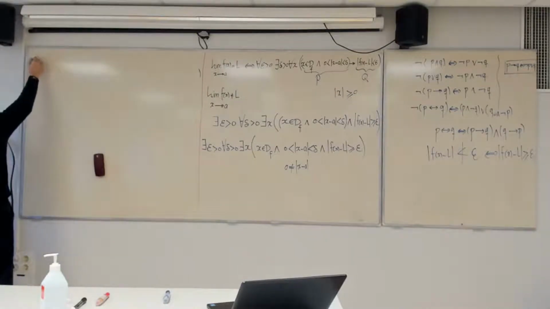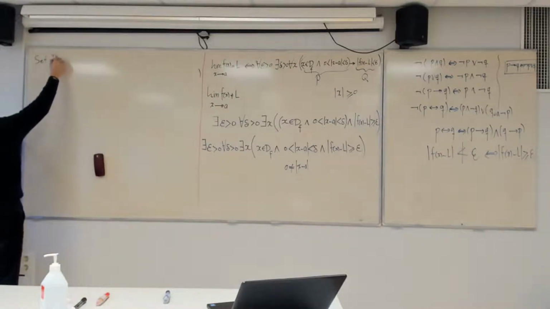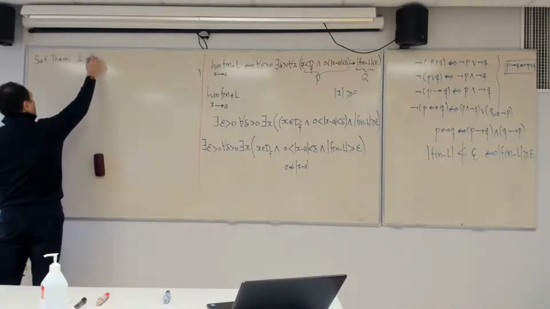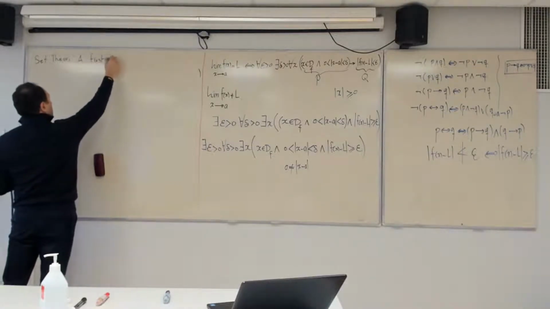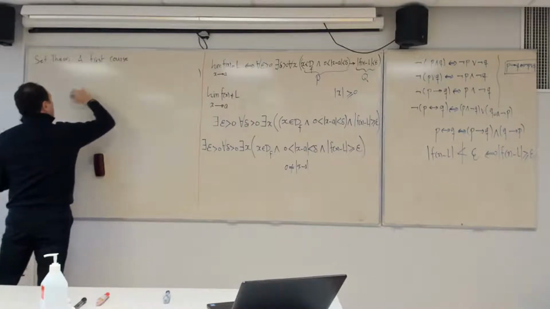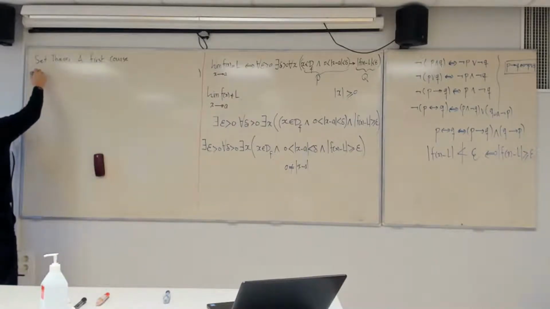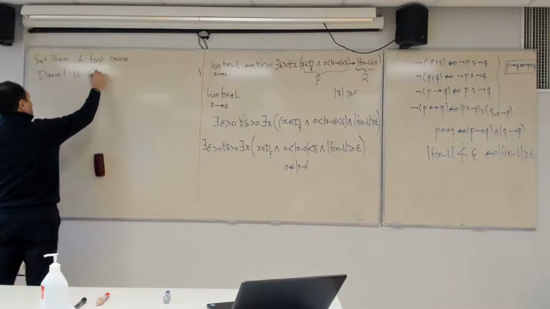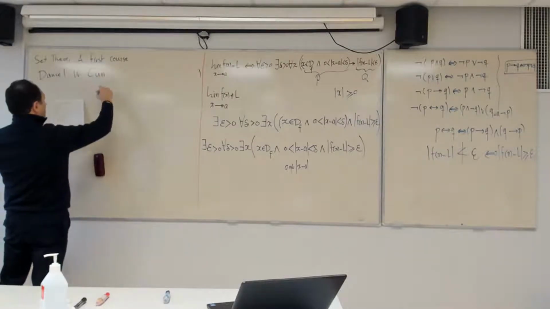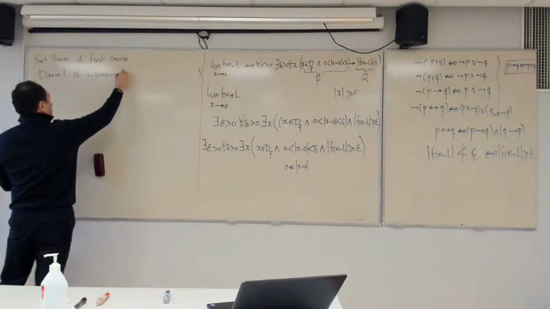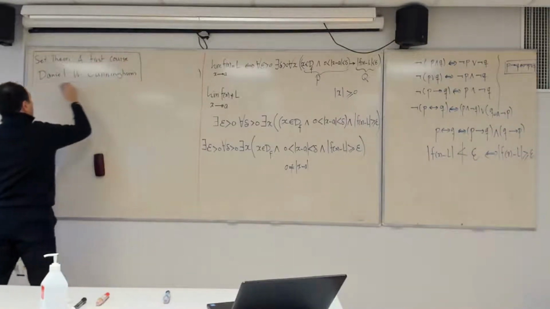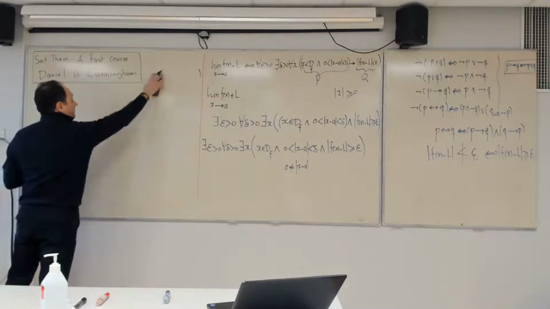The book is called Set Theory, a First Course, Cambridge Press, by Daniel W. Cunningham. Okay, so I'm just using this example that this mathematician has actually written in his book.